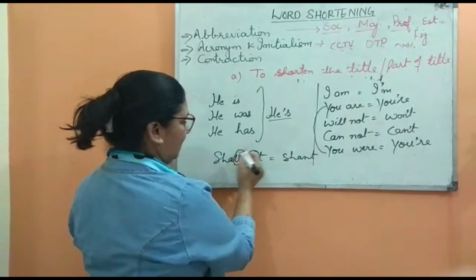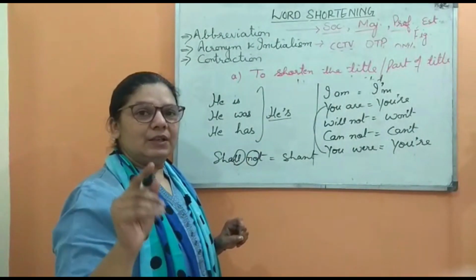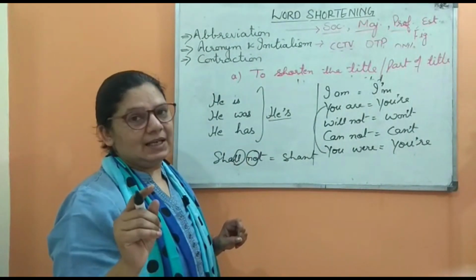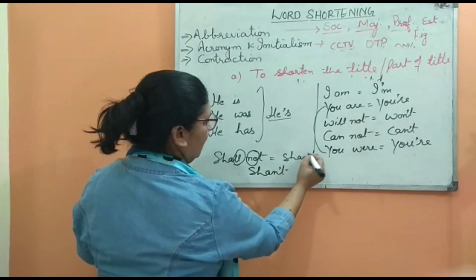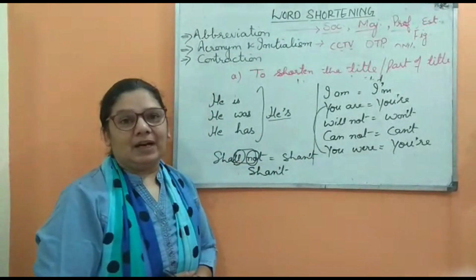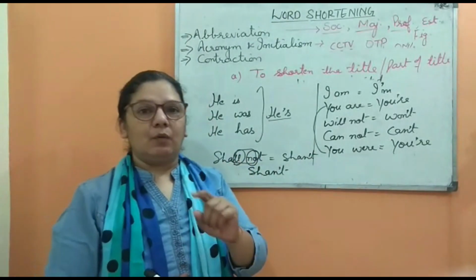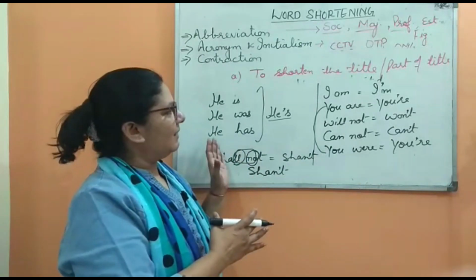It must have been here and here also. No. The apostrophe while contracting is used only once in a word. It is only shan't. Only one apostrophe is there. No two apostrophes are required. It is used only once. So these are some contracted forms.